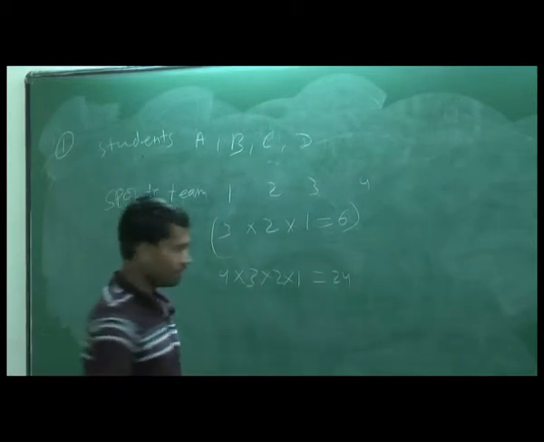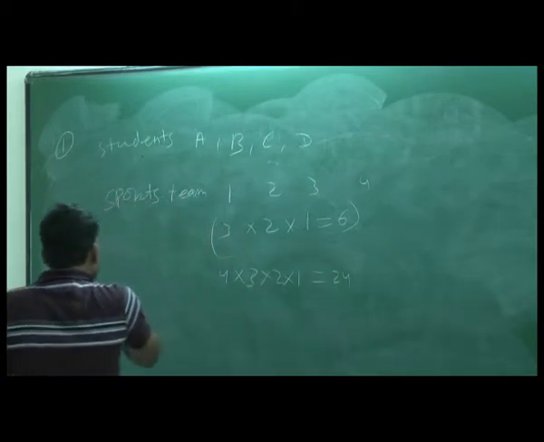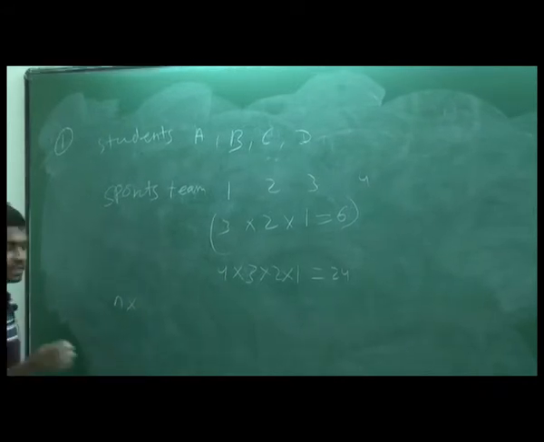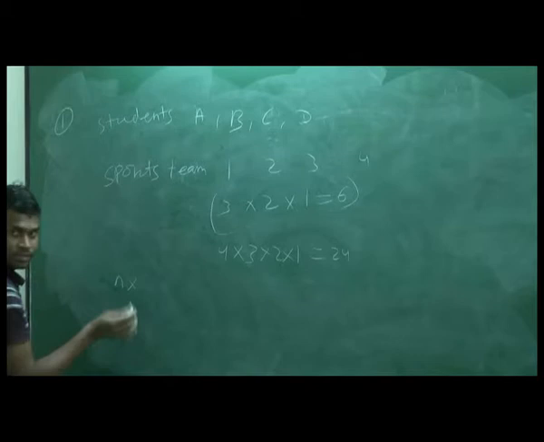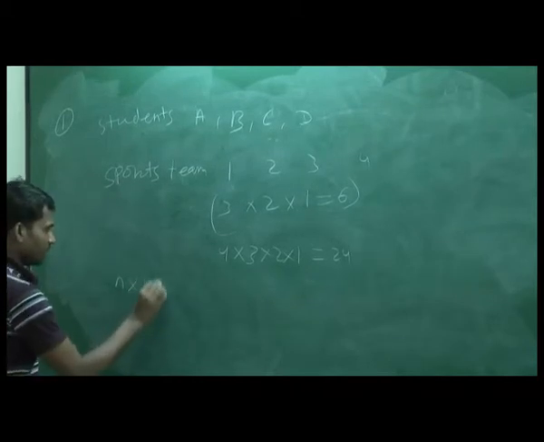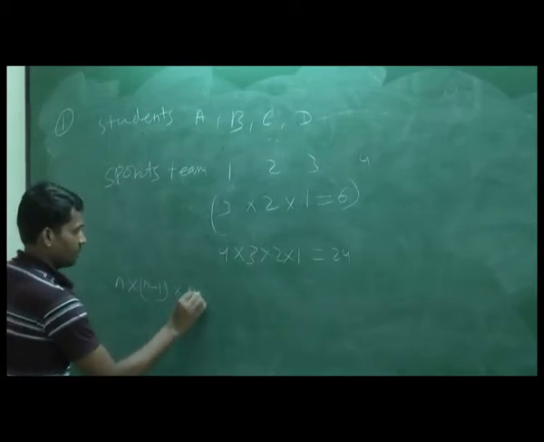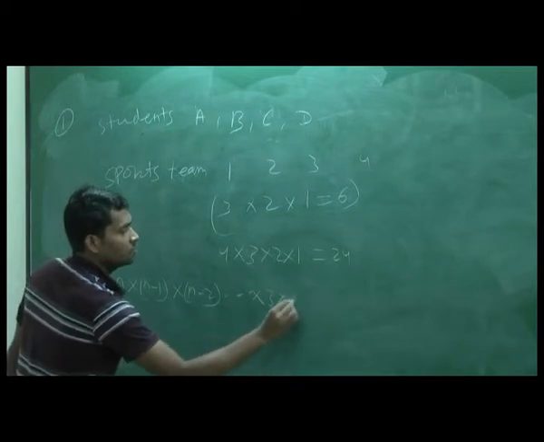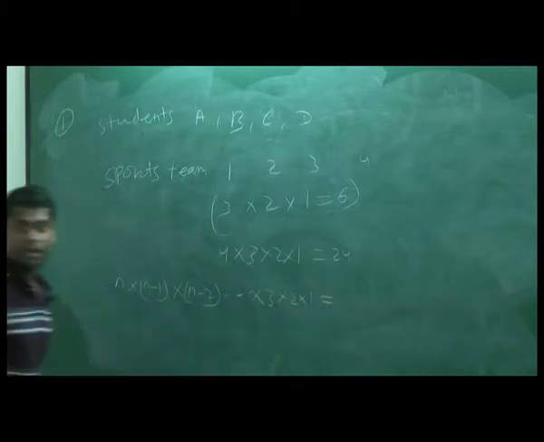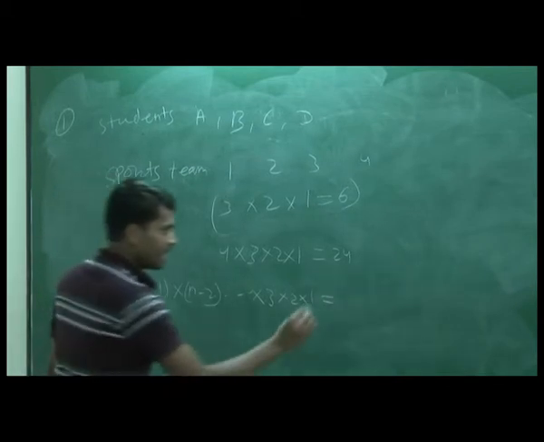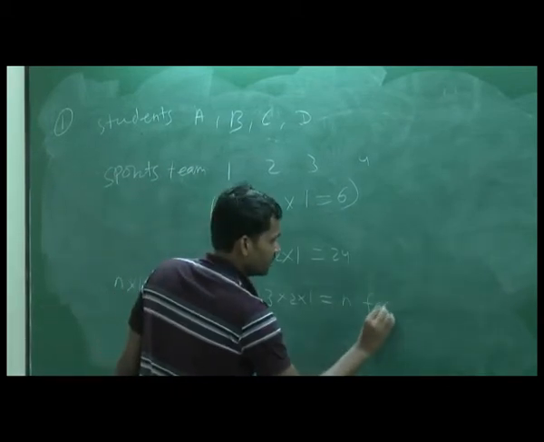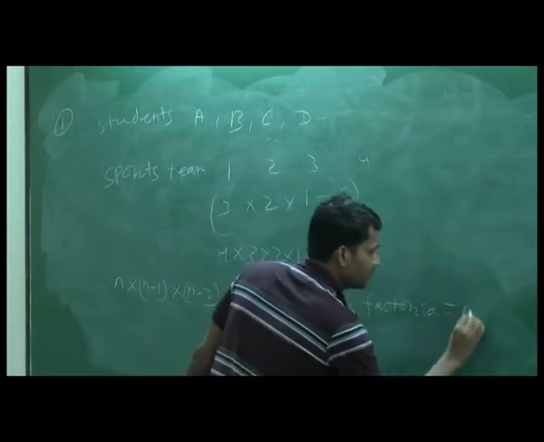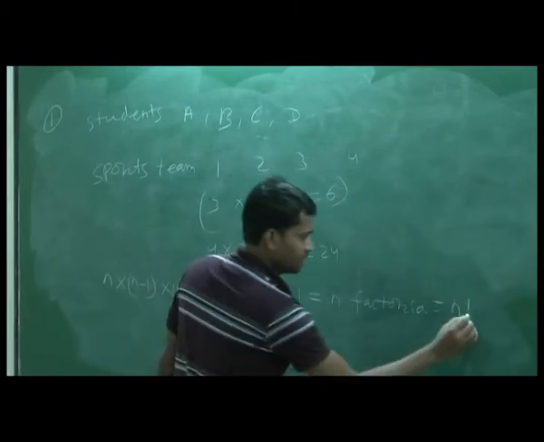If n is a positive integer, n into n minus 1 into n minus 2 down to 3, 2, 1, then we call this number n factorial, or in short it can be written with an exclamation mark.